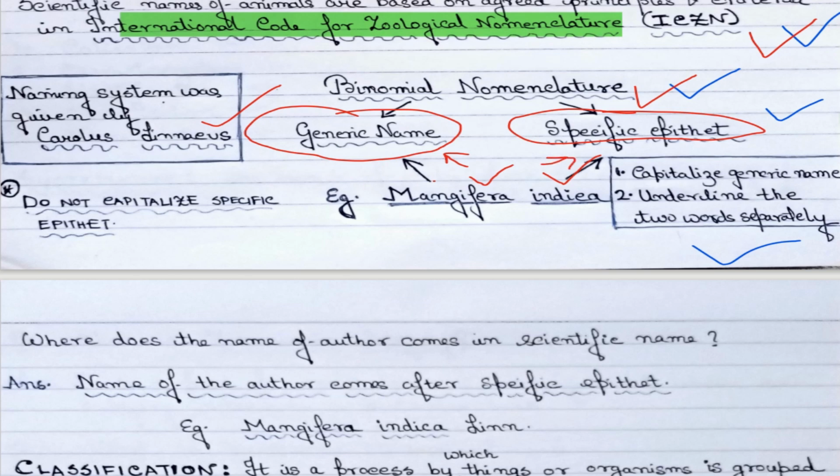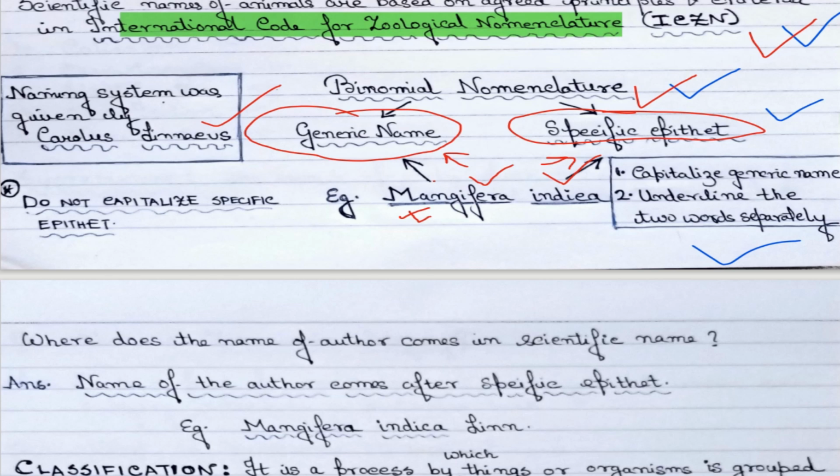So there are certain ways in which a scientific name should be written. First, capitalize the first letter of the generic name. And very important, do not ever capitalize the first letter of the specific epithet.